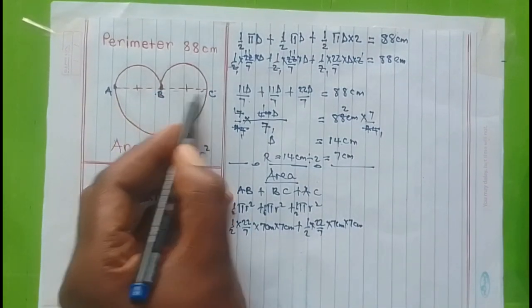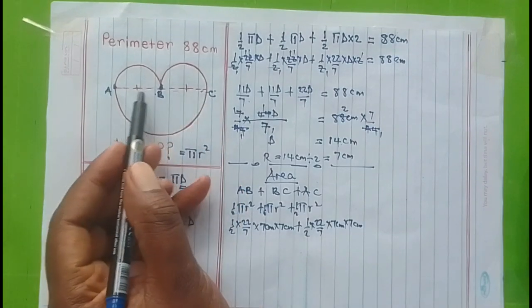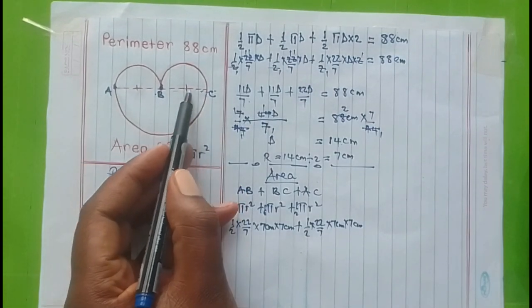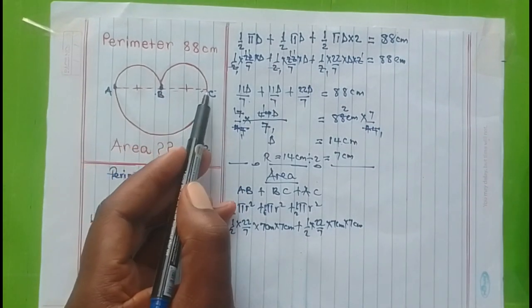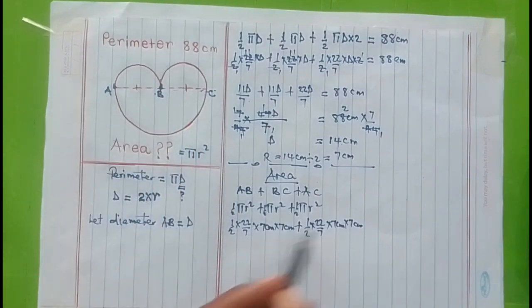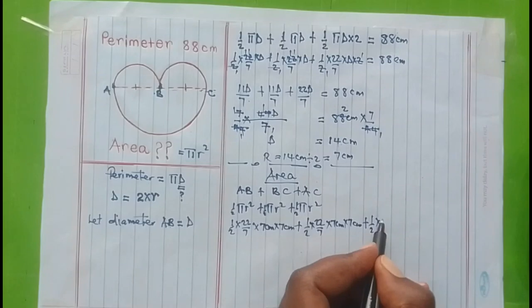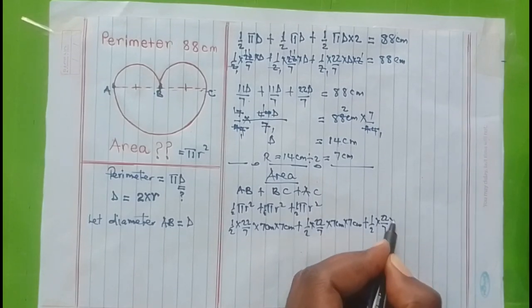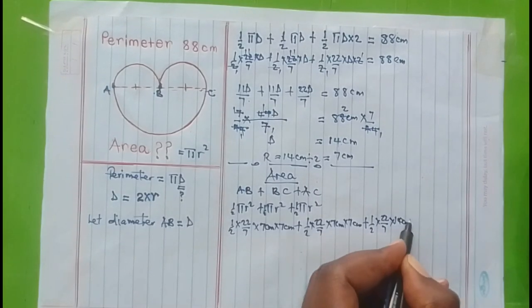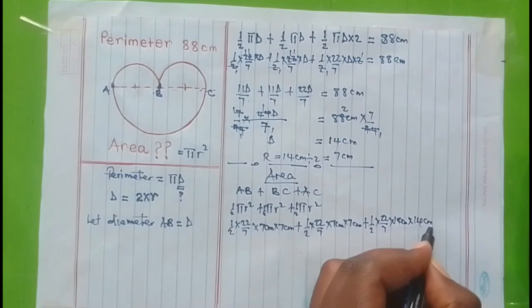That is from B to C. Then the bigger one here, the radius will be 7 plus 7, which is 14. So we say plus a half times 22 out of 7 times 14 centimeters times 14 centimeters.